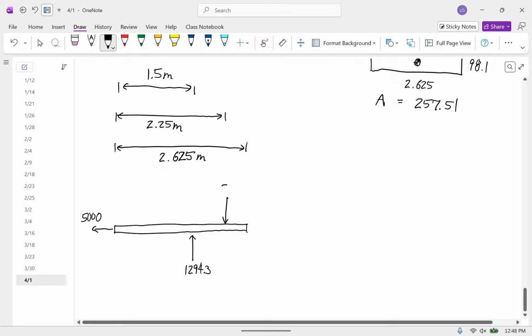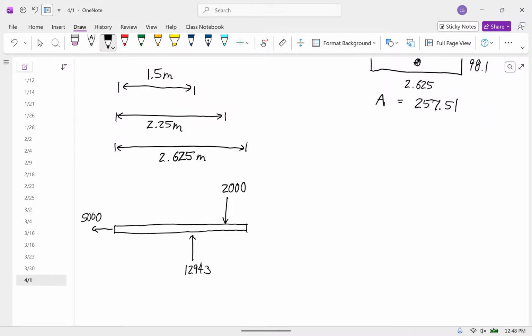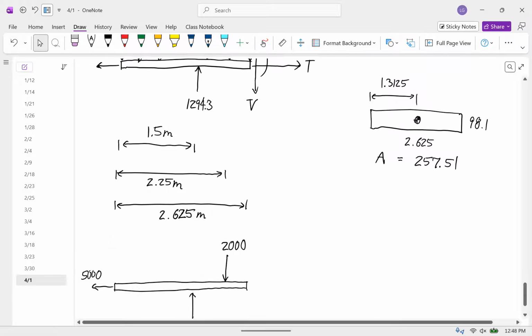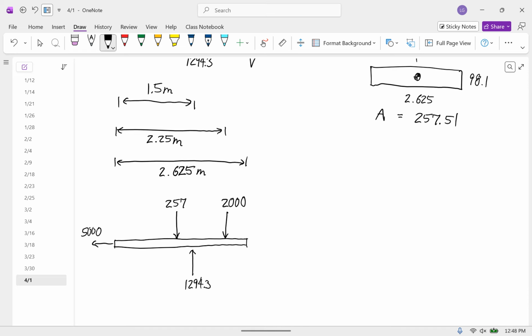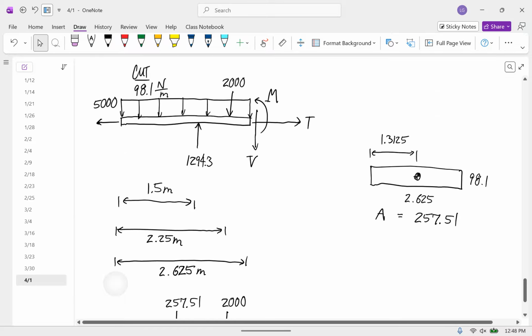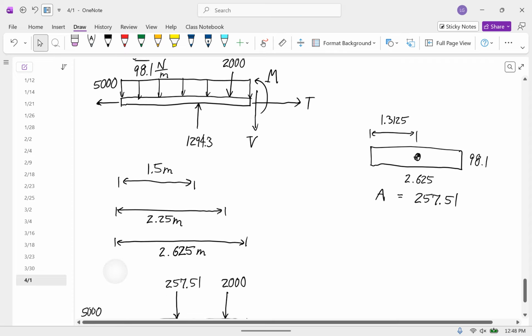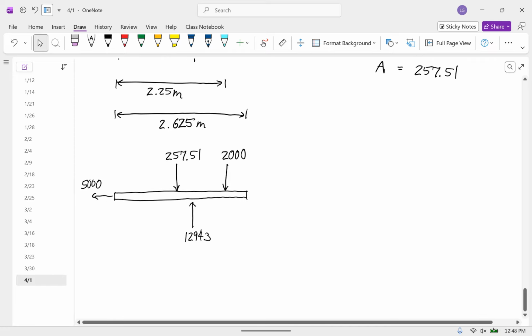We have the 2,000 here. We have the weight force here, and that is 257.51. And then we have the internal loads.